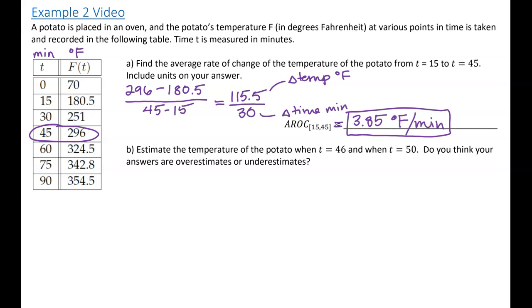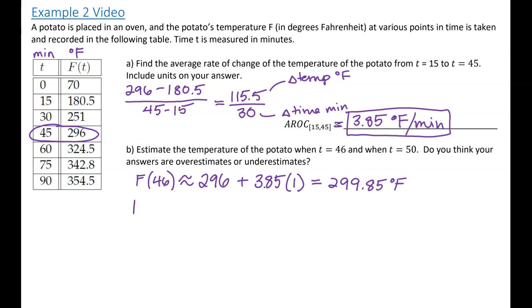So if we want to estimate f of 46, we would say, well, that should be in the ballpark of that 296 degrees at 45 minutes, plus the 3.85 additional degrees for the one additional minute that has passed, which should give us 299.85 degrees Fahrenheit. And I would expect we've only gone a minute outside of our time interval that we calculated the average on. This is probably a pretty decent estimate.